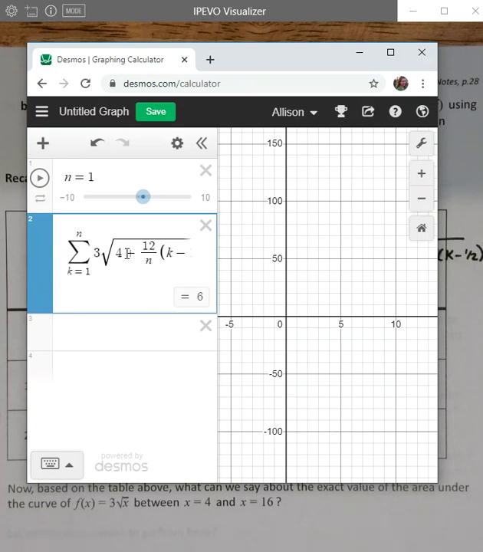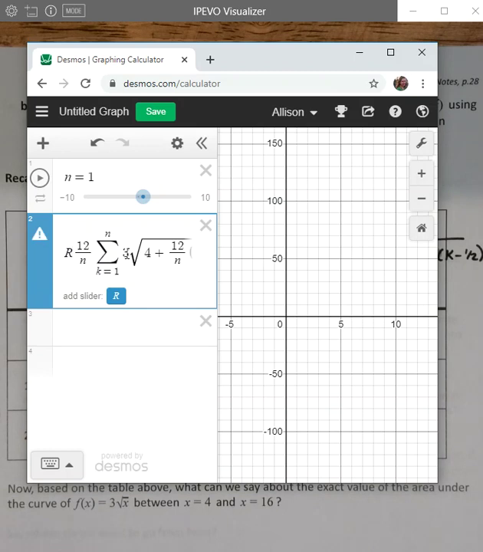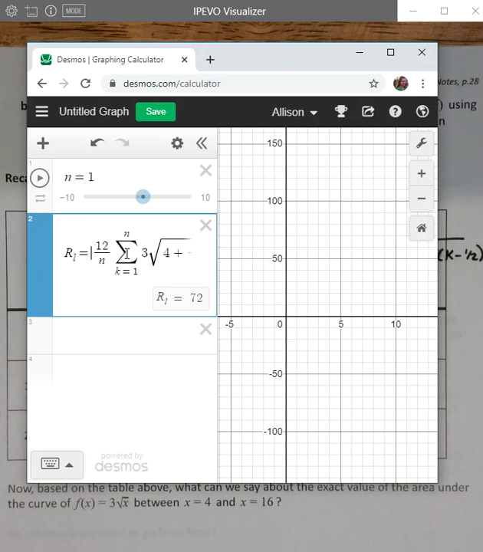I didn't type in the 12 over n because I didn't have n defined as a slider yet, but now I do, and so I've got the whole thing right here. So I'm going to call this r sub l equals, so it's going to define what r sub l is for me.